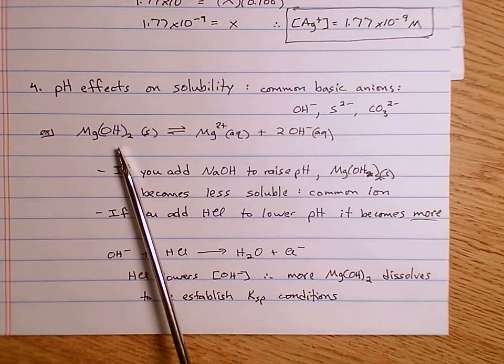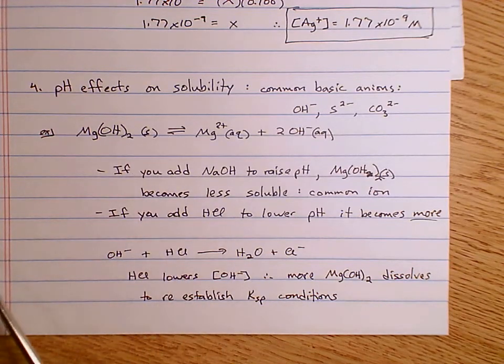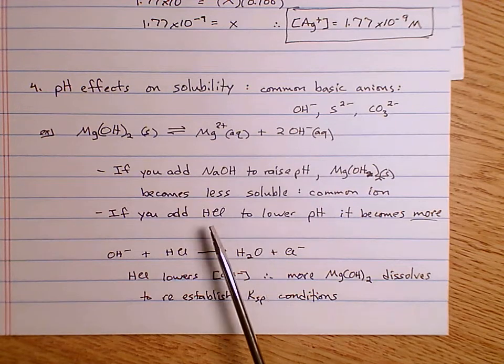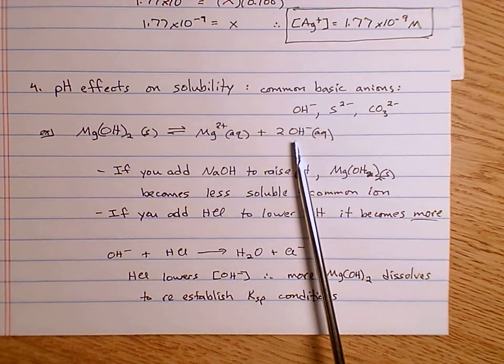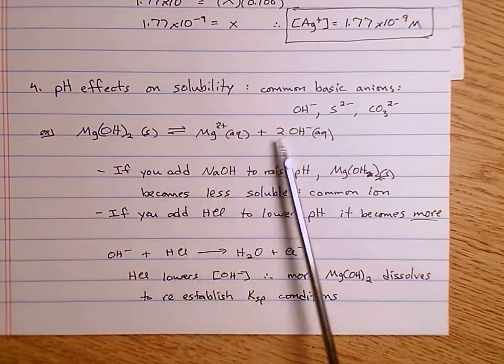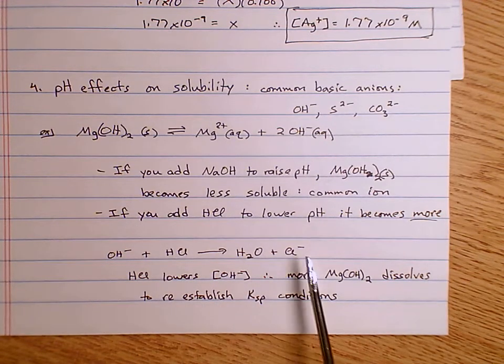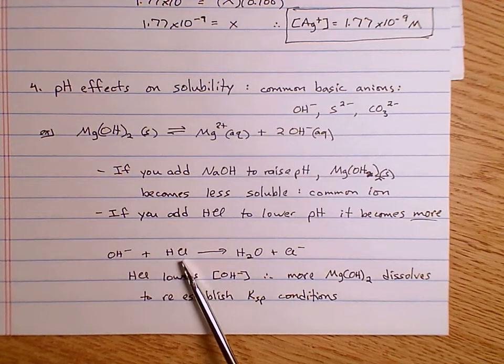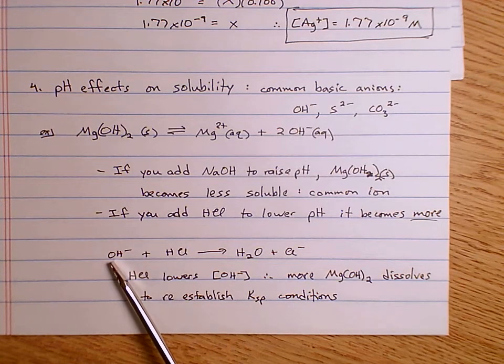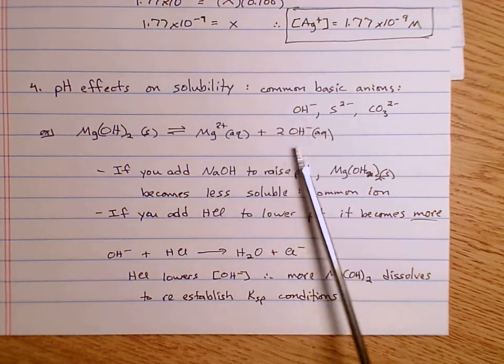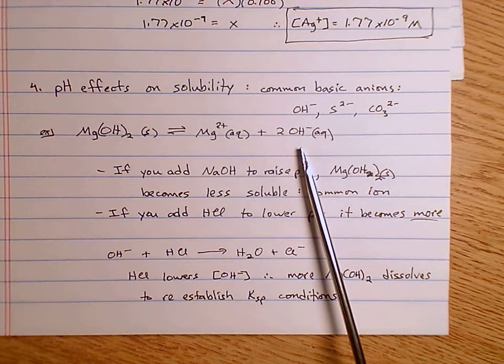But what if you added HCl to lower the pH instead of basic solution or neutral water? What if you added magnesium hydroxide into acidic water? Well, we know that HCl reacts with OH minus. OH minus from this dissociation will react with HCl to make H2O and Cl minus, which means because our HCl reacted with our hydroxide, there's less hydroxide around. Well, what does Le Chatelier's principle say is going to happen if there's less product?